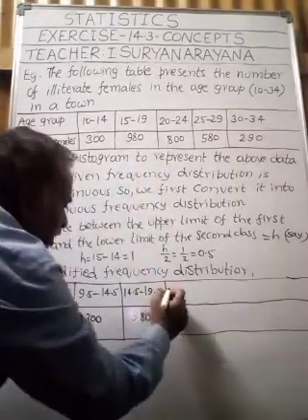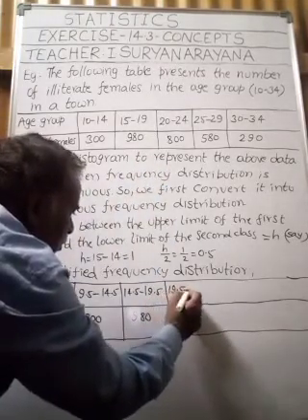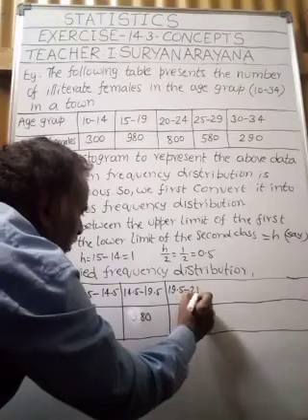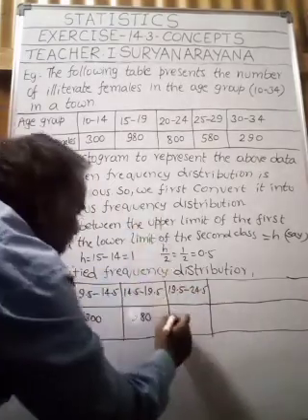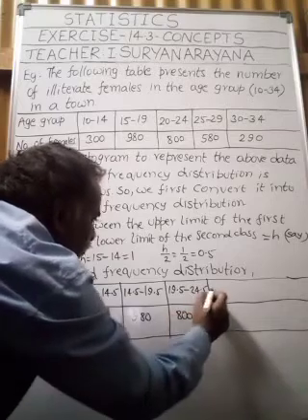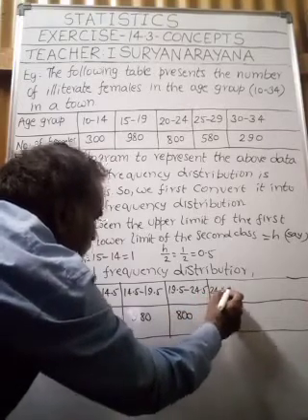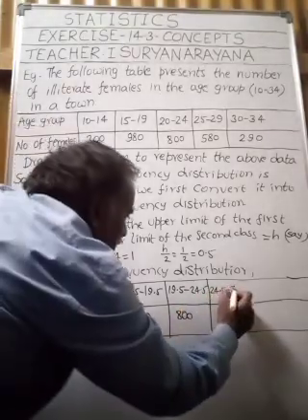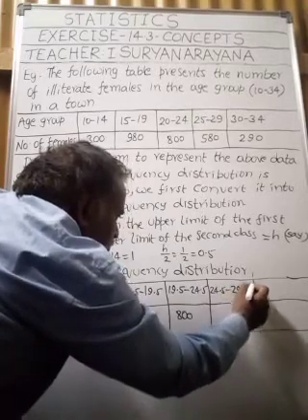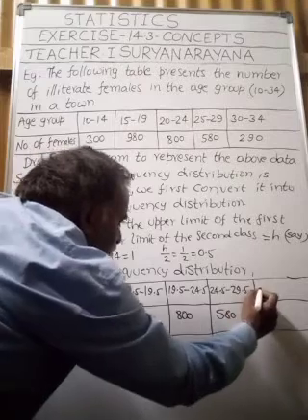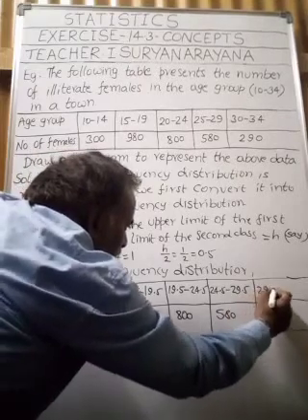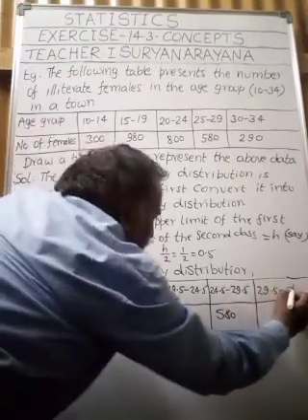Similarly, here 19.5, here 24.5, 800. Next 24.5, 29.5, 580. Then 29.5, 34.5.